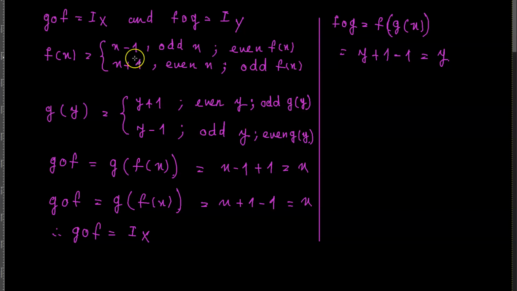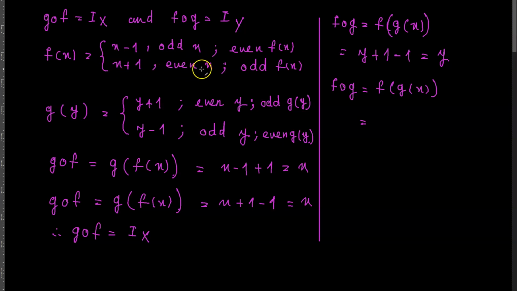Now, I can use the second clause of f of x as well. I can write FOG is equal to f of g of x, and so now I'm going to use this part, the second clause.